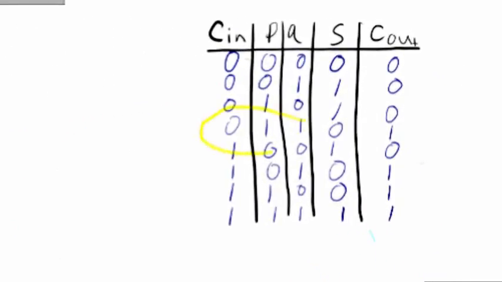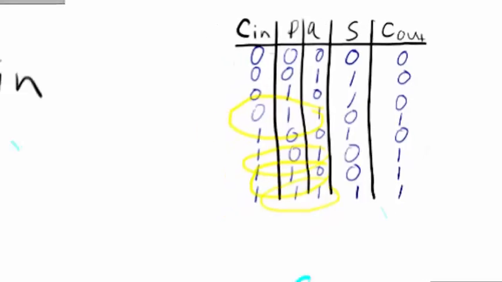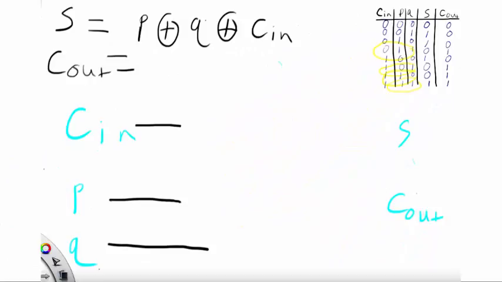So you could always say P and Q and not Cin, or Cin and Q and not P, or etc., etc. So you could always do that. I will tell you that results in a very, very, very long, complicated Boolean equation that reduces down to this.